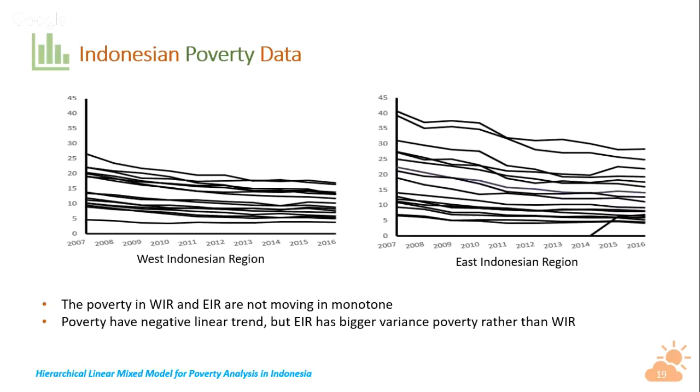I mean that the correlation of the poverty value in each province over time is 90%. It's not independent, it's dependent.